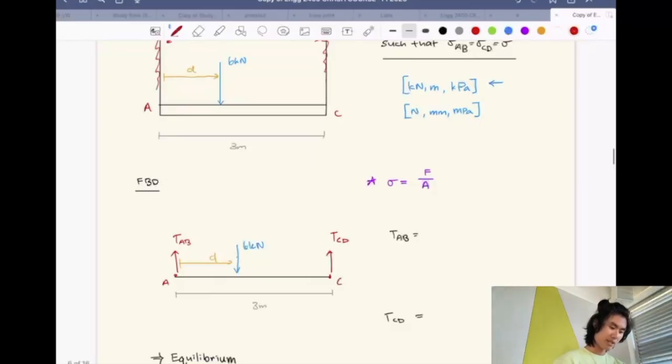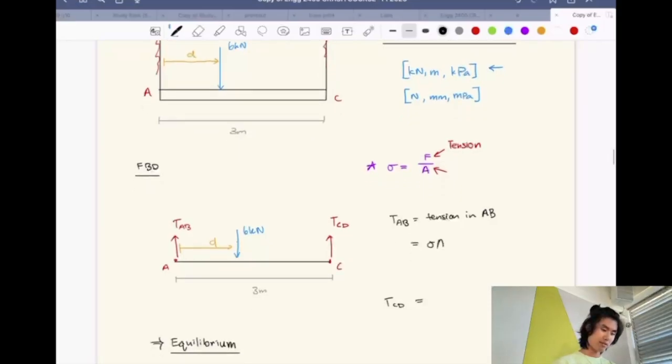What will we put into here? Yeah, so tension is a force, right? We put the tension in rod AB, this tension in AB. And then what would that equal?